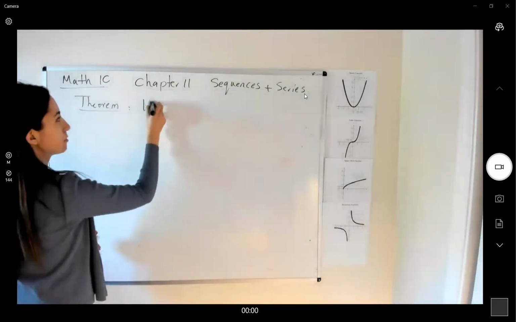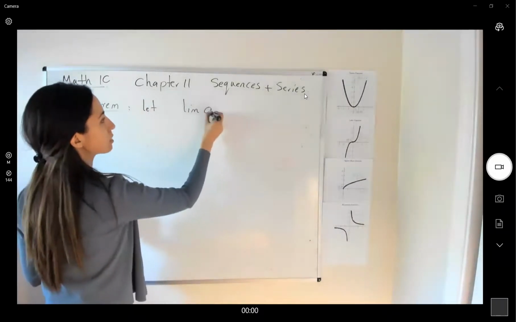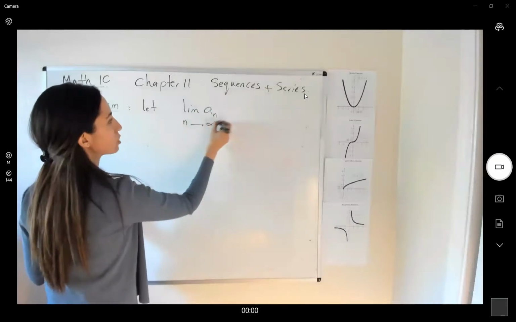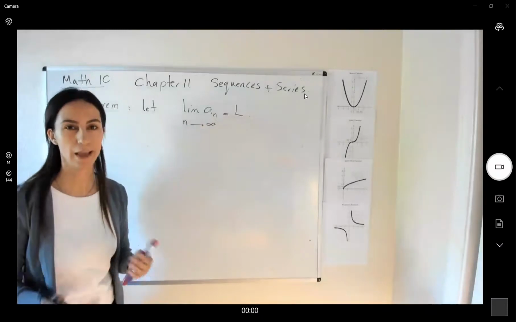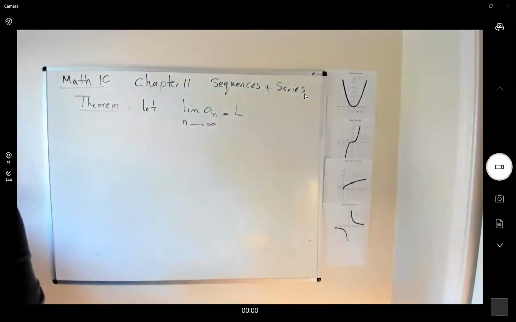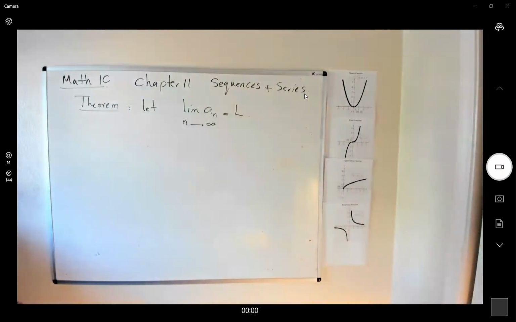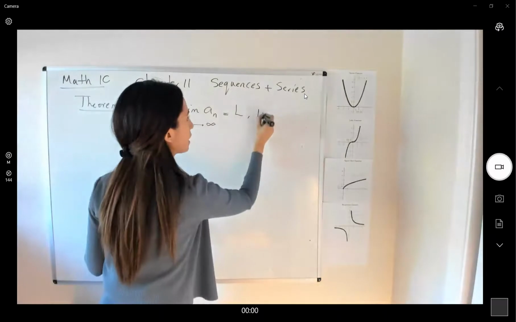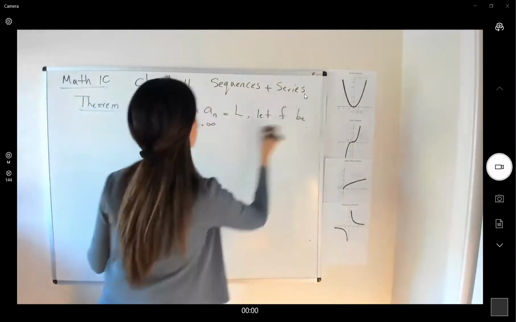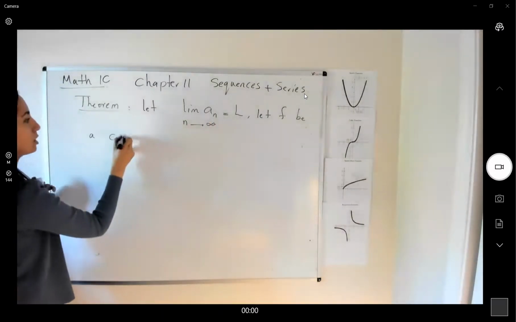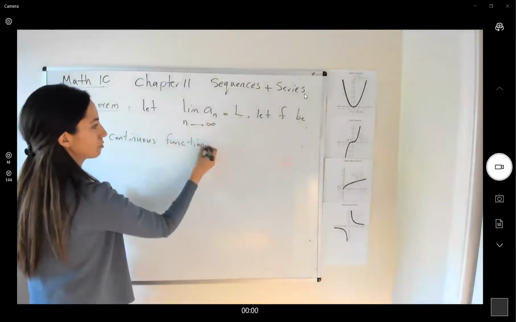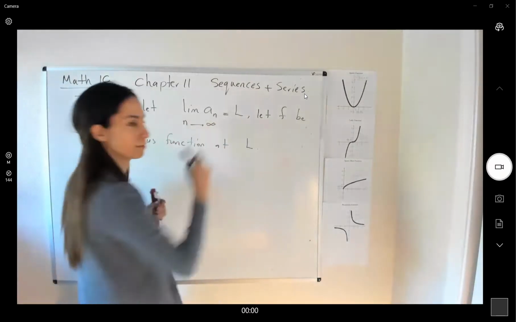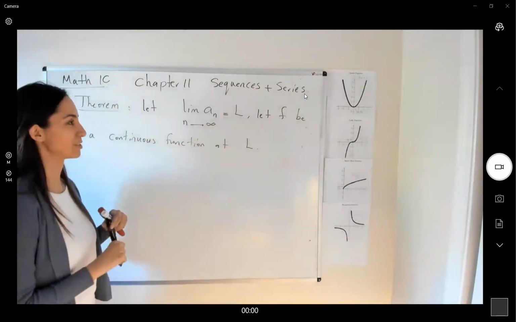So let the limit of a sub n while n goes to infinity be L. You have a convergent sequence, a sub n. Then it says, suppose you have a continuous function. Let f be a continuous function at L. Two conditions.